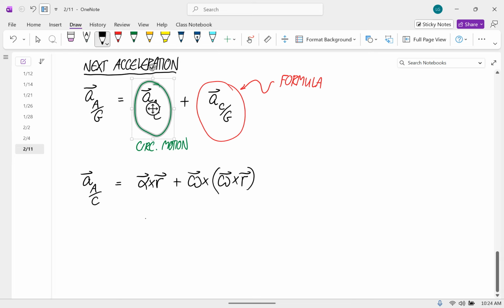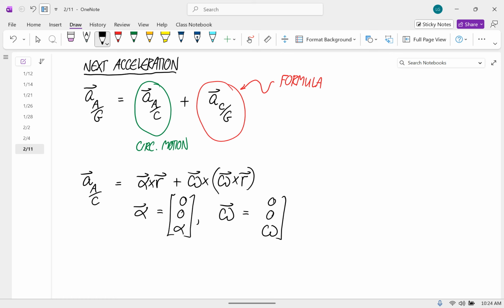Our alpha, what is that as a vector? Positive z, yep. 0, 0, alpha. And we already did the other two, so those stay the same. This is 0, 0, positive omega. And r is 0, negative capital R, 0.